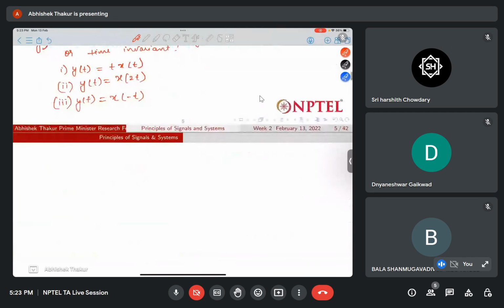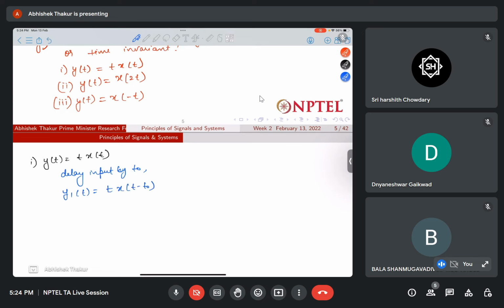So the first one, that is y(t) is equal to t x(t). Now let us delay the input by t naught. What we will get? y1(t) is equal to t x(t minus t naught).